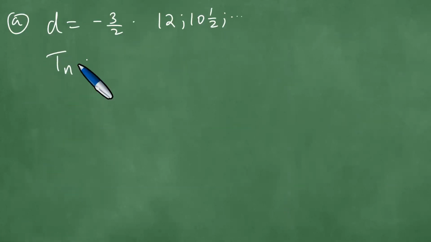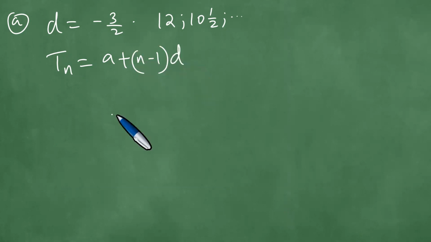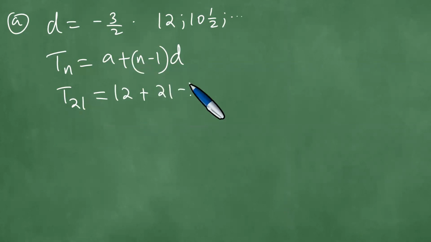Which means Tn equals a plus n minus 1 times d. We are looking for the 21st term, that is term 21. The first term is 12, but it's the 21st term, so n is 21.